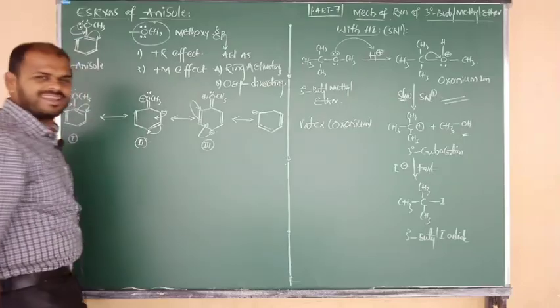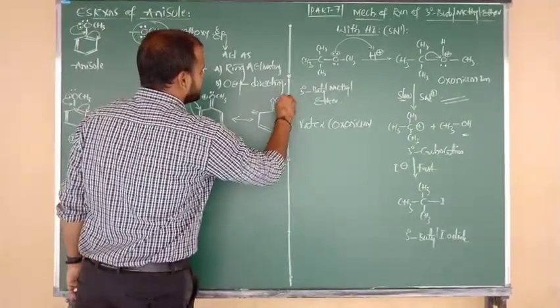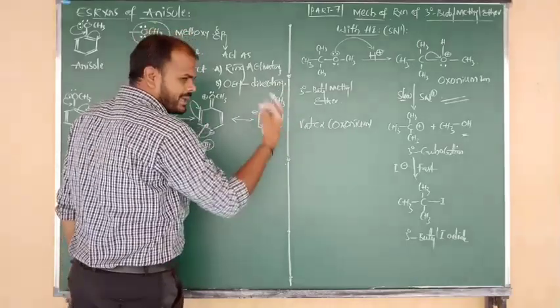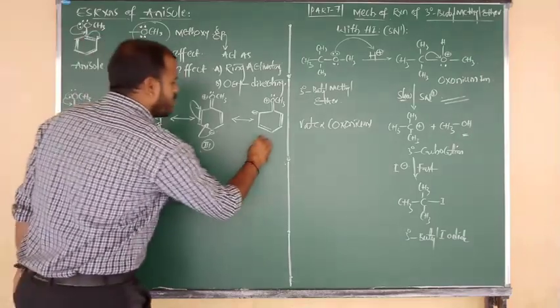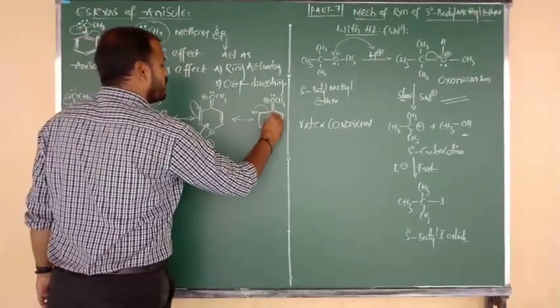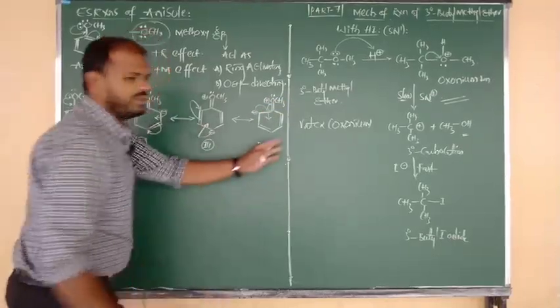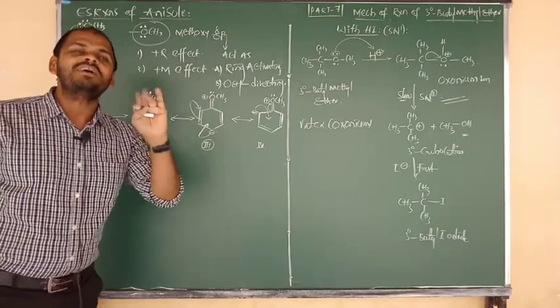So the 6th carbon contains a negative charge. The group above is as it is. Double bond, OCH3. Oxygen contains one lone pair as it is and the positive charge is retained. This is your 4th resonance structure. Again the 4th resonance structure also undergoes delocalization like this, and you will get the first structure. So the total possible resonating structures are 4.